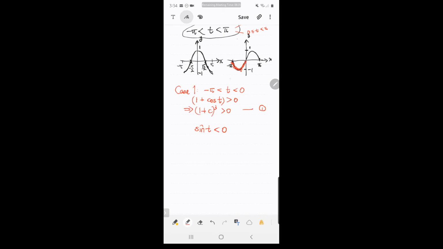And because your t is also less than 0, these two combined, when they multiply, you have t sine t now becomes more than 0. Correct? So therefore, 2 divided by 1 is always more than 0. So this implies that d2y dx2 is greater than 0. Now that is for case 1.